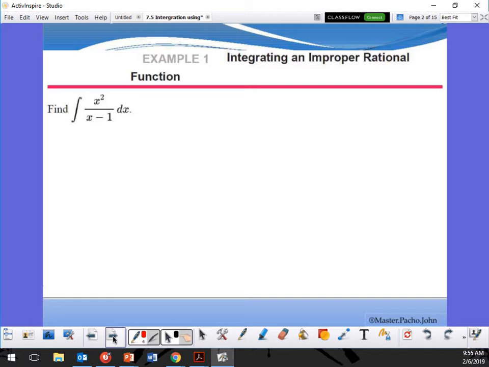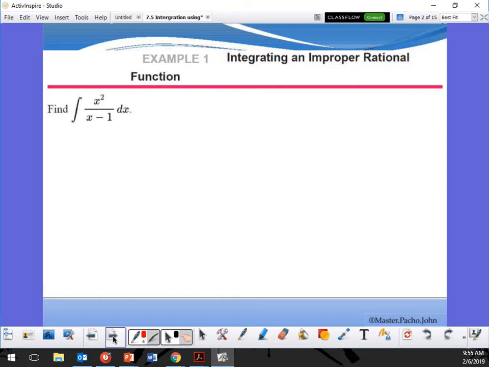Would it be 7/4? Why is 7/4 improper? The top is larger than the bottom. Yeah, that's why. Okay, improper means the top number is bigger than the bottom.